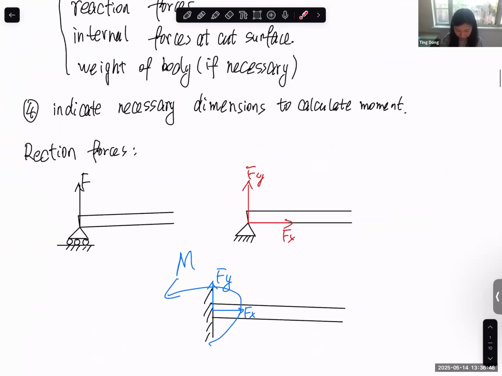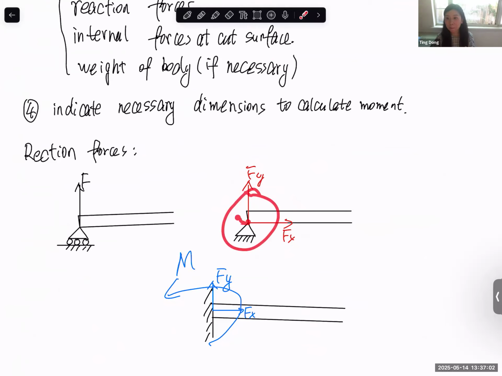So basically, back to the boundary condition, what kind of reaction can it supply? Because a pin joint is free to rotate, there's no reaction moment. If it's clamped, then there's a reaction moment.